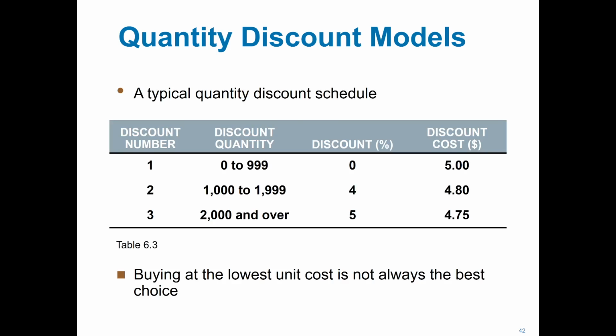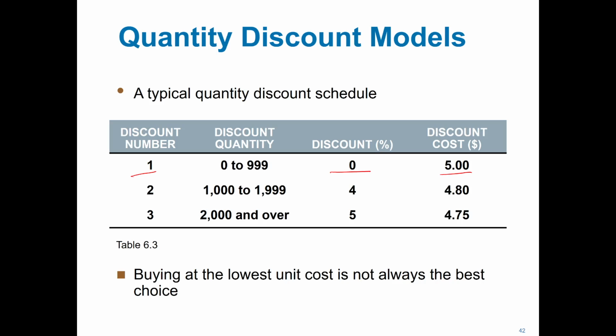Let's see a typical discount schedule here. We have three schedules. We have discount number 1, where there is actually no discount, 0% discount. If we order less than 1,000 pieces, the cost is assumed to be $5 per unit.